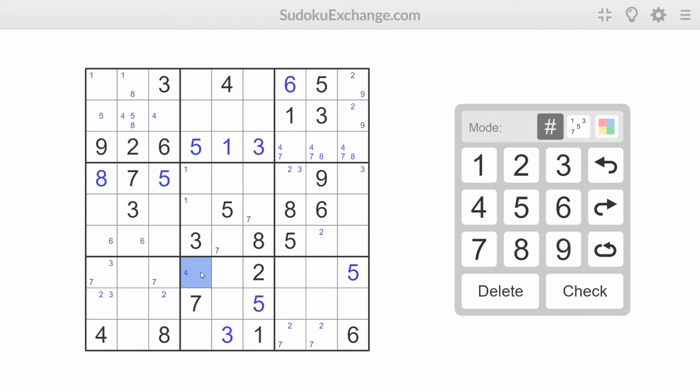Just this place left for a 4, so put in a 4 here. So 4 here, 4 here, so just these two spots which could contain a 4. What else? 4, 7.